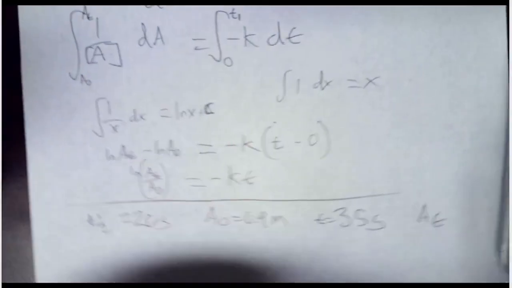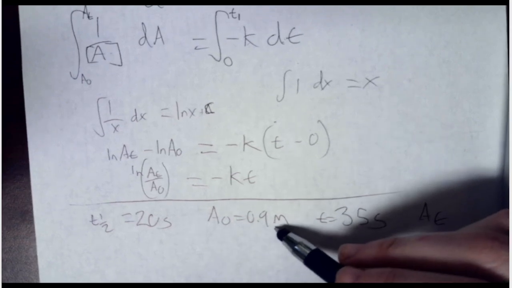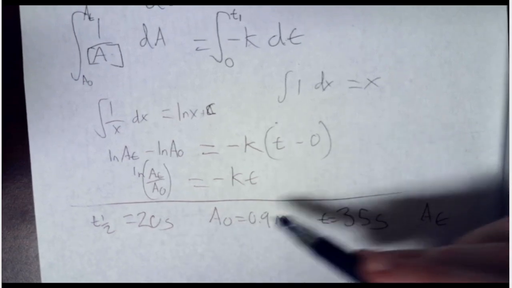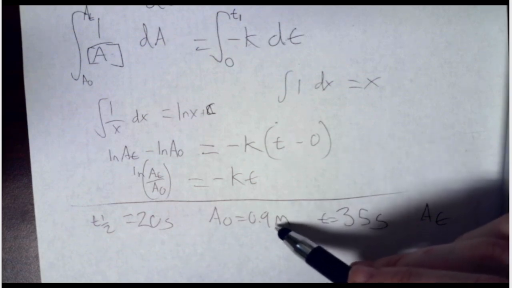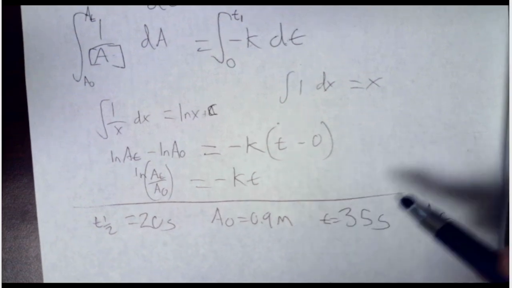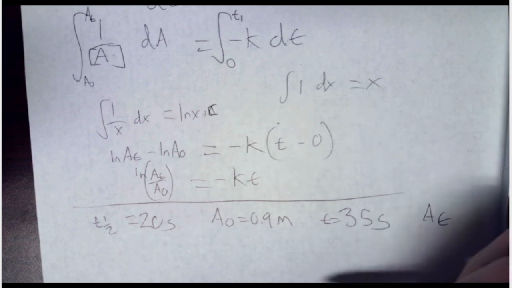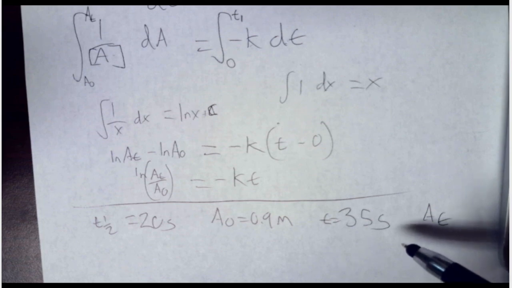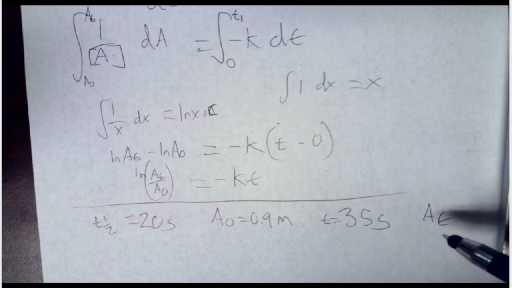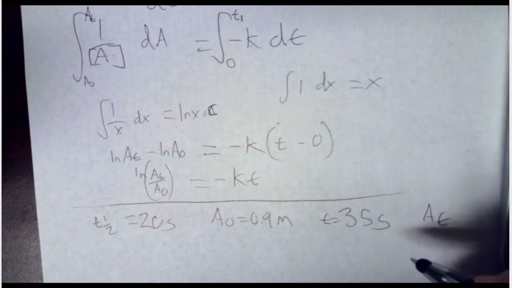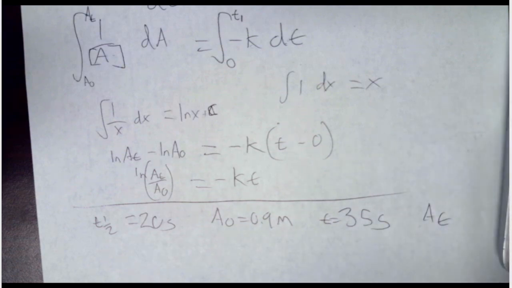Logically, you should know what a reasonable answer is. If the initial concentration is 0.9, in 20 seconds half of it is going to decay, so it's going to go down to 0.45. Now, in another 20 seconds another half would go away. So 35 seconds is a little bit shorter, meaning it's going to be a very small concentration left, but there will be some left.